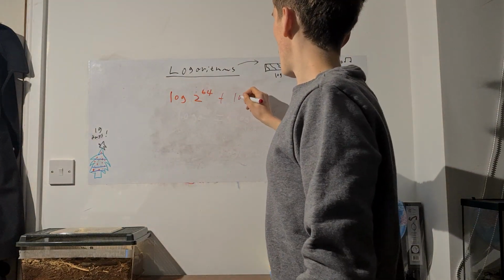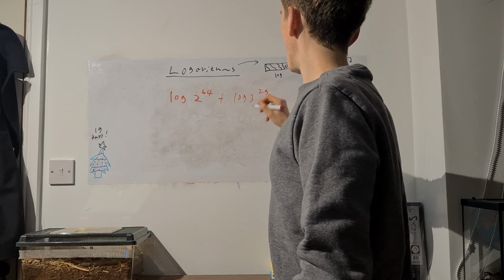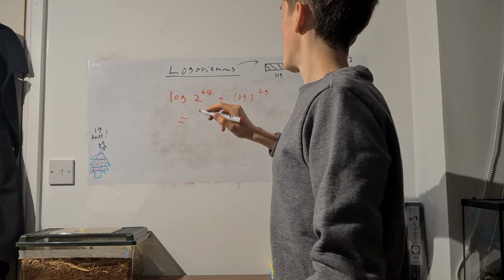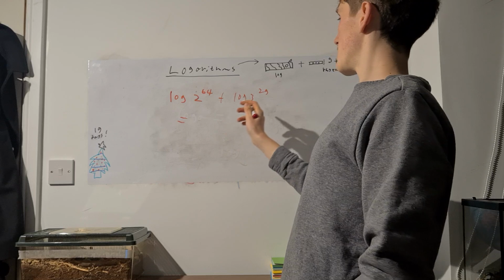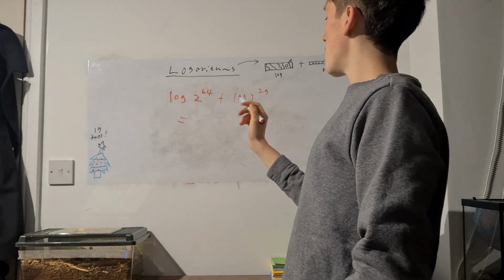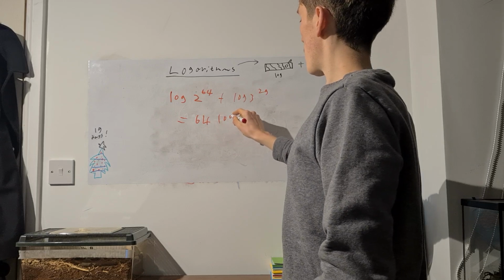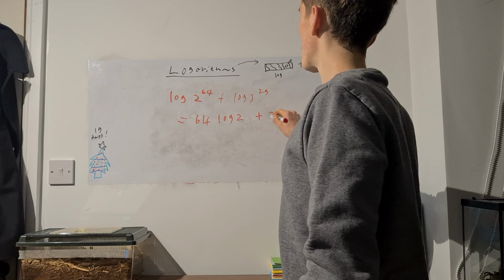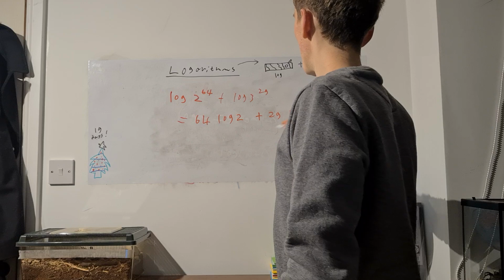Plus log 3 to the power of 29. What's that equal to? Well, not only is that equal to log of 2 to the power of 64 times 3 to the 29, but it's also equal to 64 log 2 plus 29 log 3.